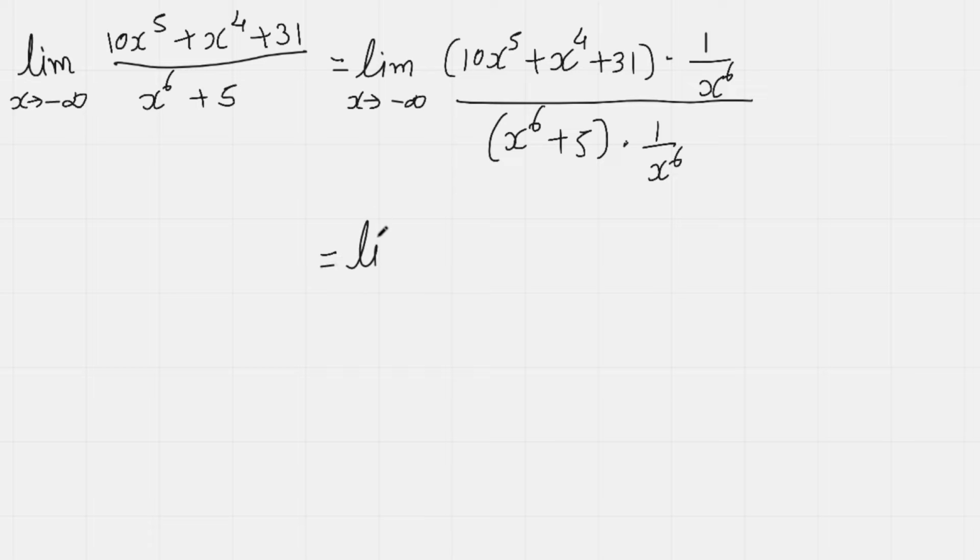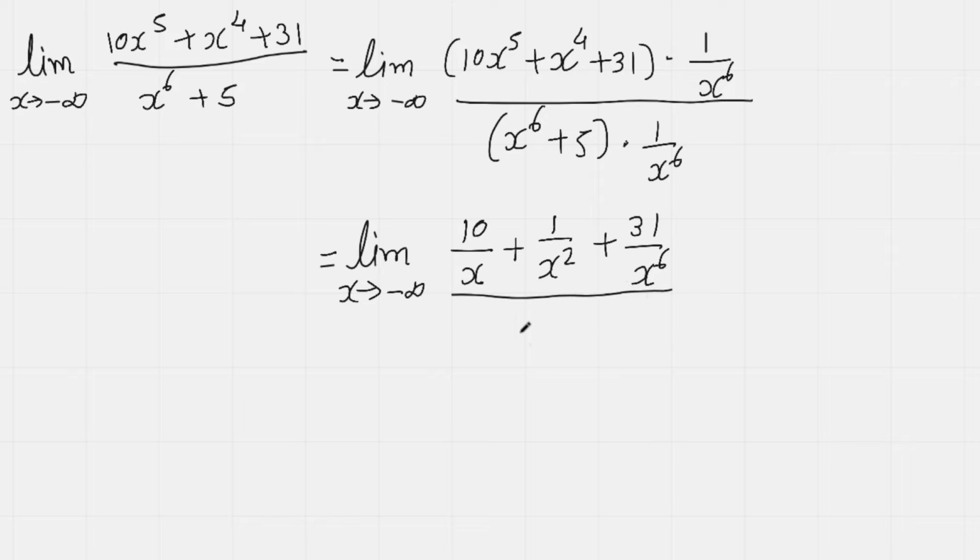So this will be equal to the limit as x approaches negative infinity. 10x^5 divided by x^6 will give us 10 divided by x, plus x^4 divided by x^6 will give us 1 over x², plus 31 divided by x^6, whole divided by 1 plus 5 over x^6.